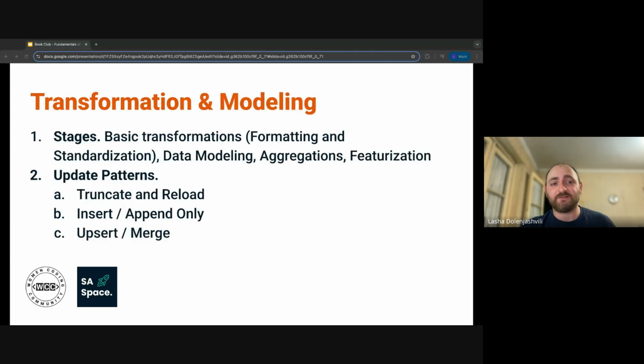The next stage is transformation and modeling. Transformation is where we change data from its original raw form into something useful for downstream consumers. This is where a huge amount of a data engineer's work happens, and it's primarily driven by business logic. We can separate three stages in transformation in our pipelines. First, we have basic transformations that might include casting data into the correct types, removing bad records, and standardizing different formats.